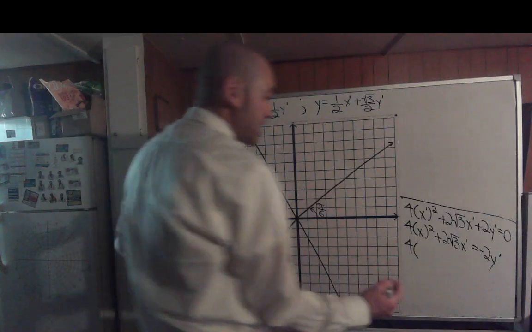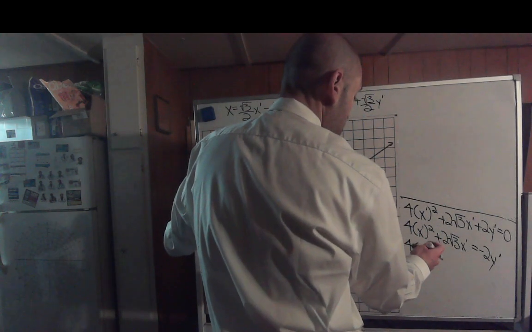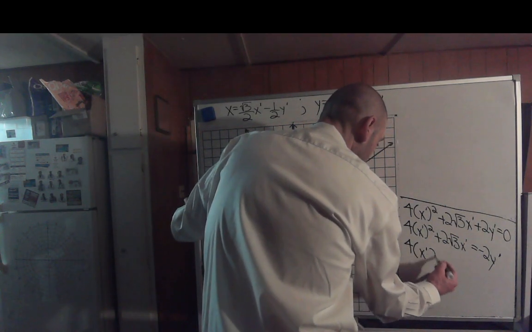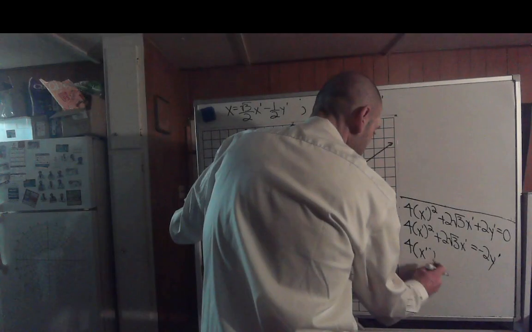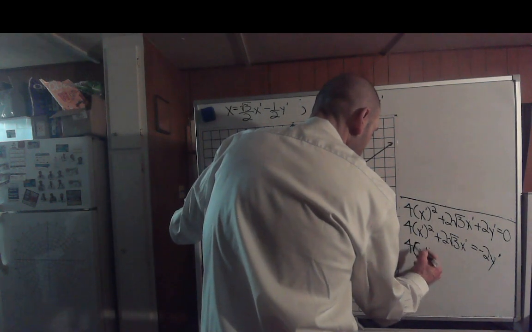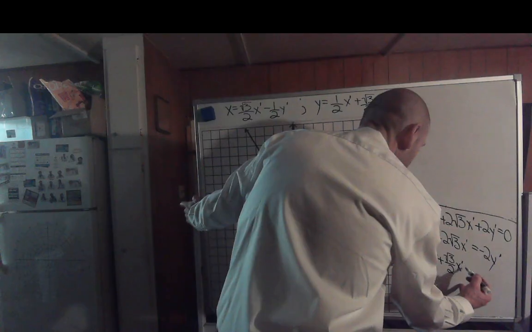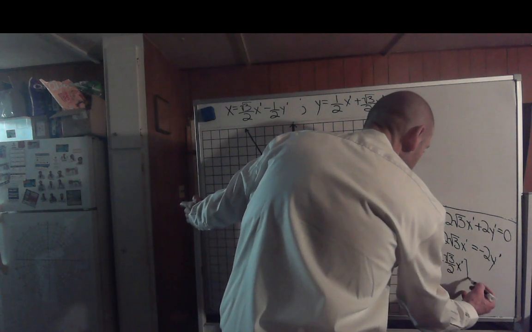So you would end up then getting 4 times your x prime squared plus the square root of 3 over 2 times x prime is equal to negative 2y prime.